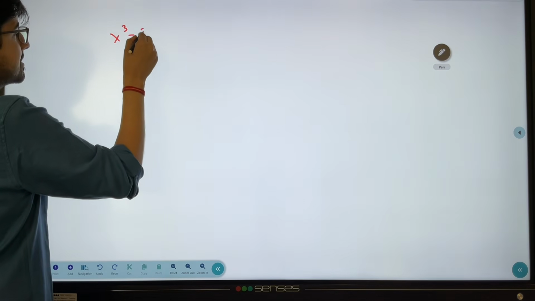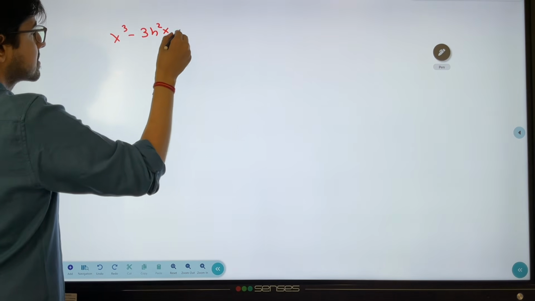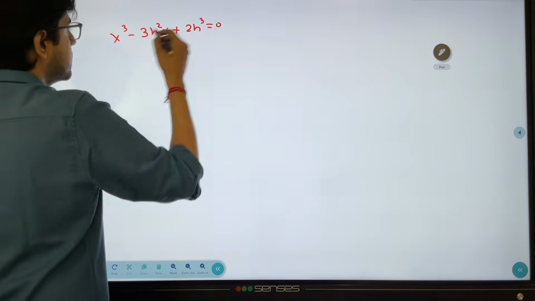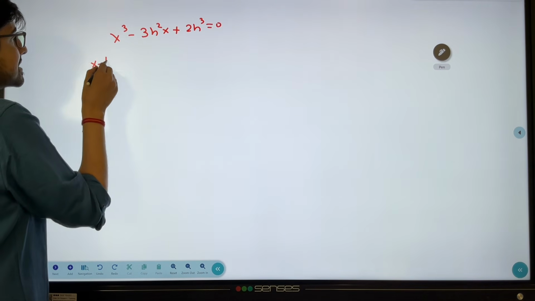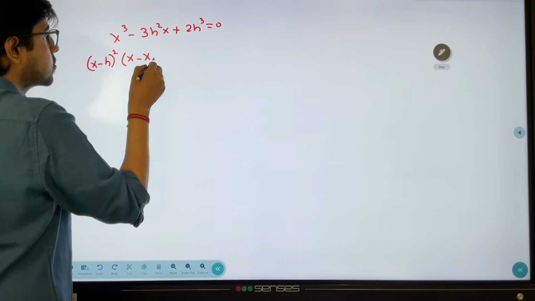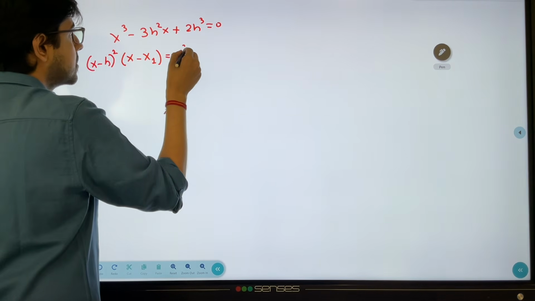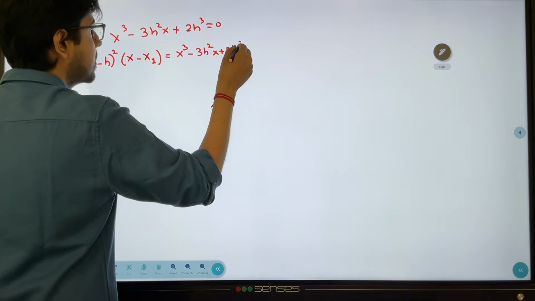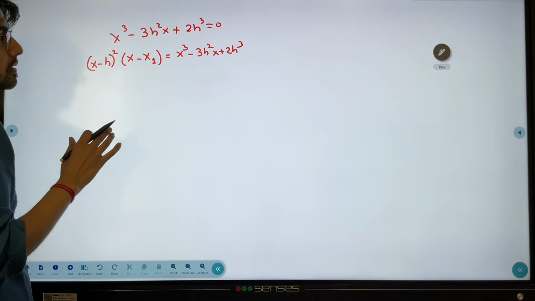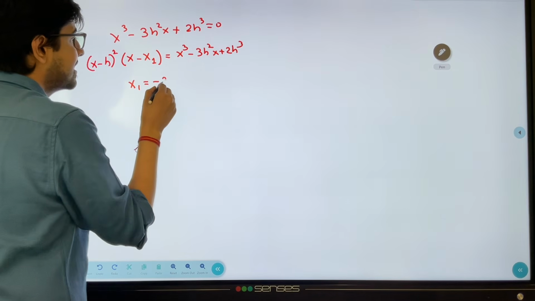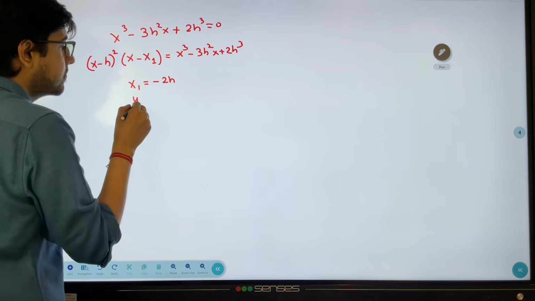X cube minus 3h square x plus 2h cubed is equal to 0. Now (x minus h) the whole square into (x minus x1) is equal to x cube minus 3h square x plus 2h cube. Since I have already solved this, I know that x1 is minus 2h, which will give y1 is minus 8h cubed.